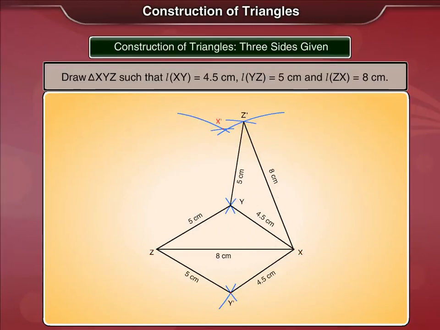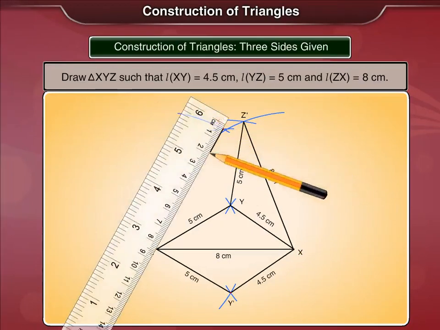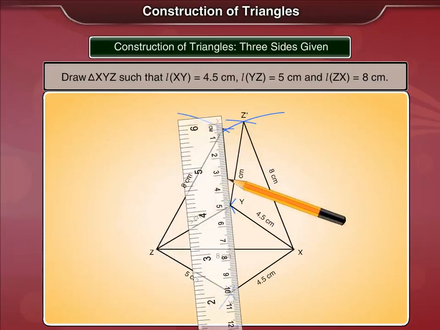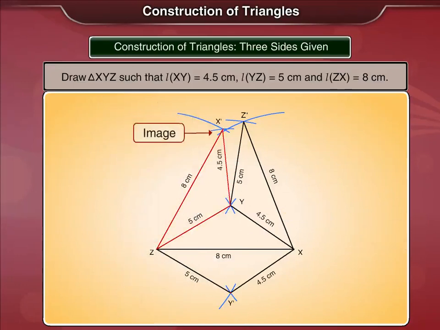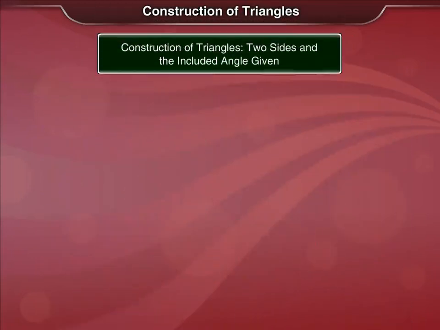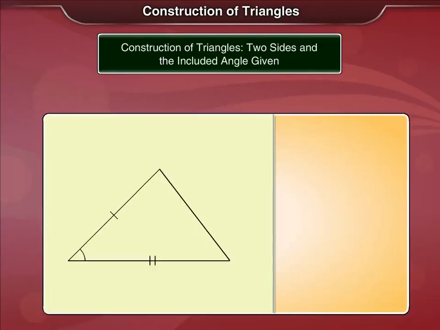Now, let's learn how to construct a triangle when the lengths of two of its sides and the included angle are given. Draw triangle LMN such that the length of side LM is 4 centimeters, the length of side MN is 5 centimeters, and the measure of angle LMN is 45 degrees.